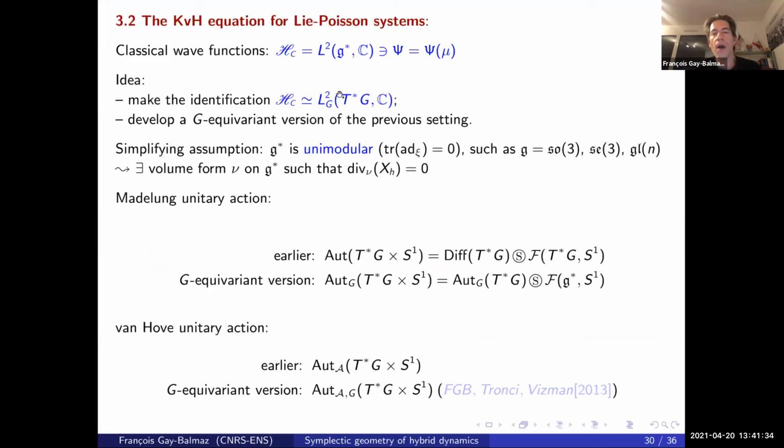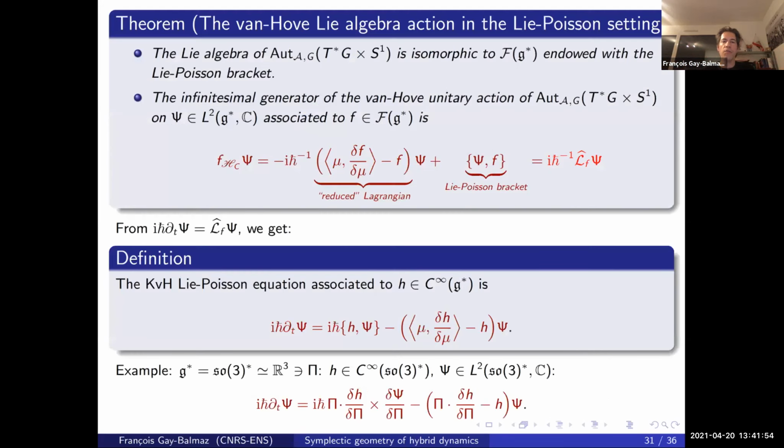So right, if our T star Q is T star G for some Lie group G, and the classical Hamiltonian is G invariant. If this happens, all that I said on the KVH equation goes through if we use this equivariant subgroup of the theory. And the result is these KVH Lie-Poisson equations, right?